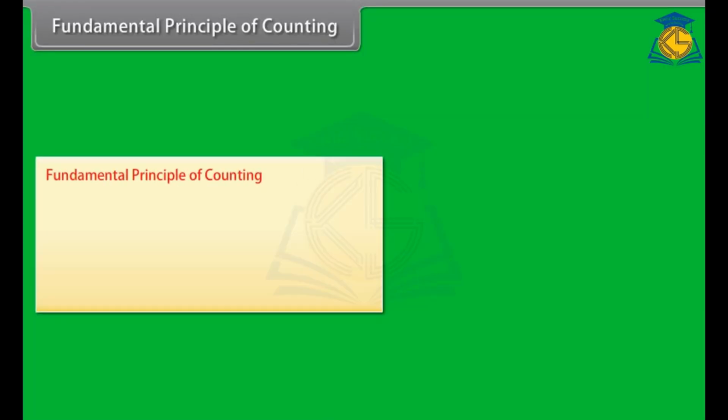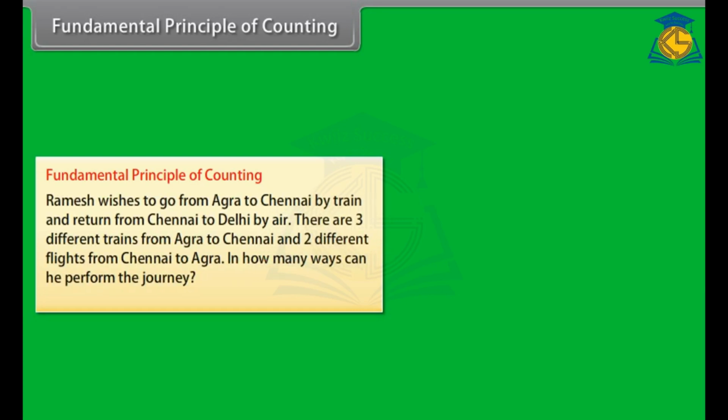Fundamental principle of counting. First, let's understand it with an example. Ramesh wishes to go from Agra to Chennai by train and return from Chennai to Agra by air. There are 3 different trains from Agra to Chennai and 2 different flights from Chennai to Agra.